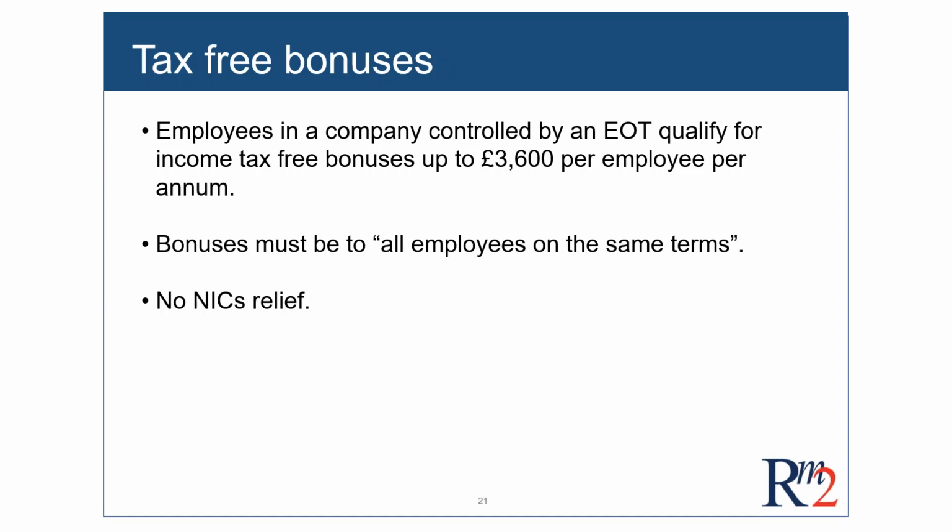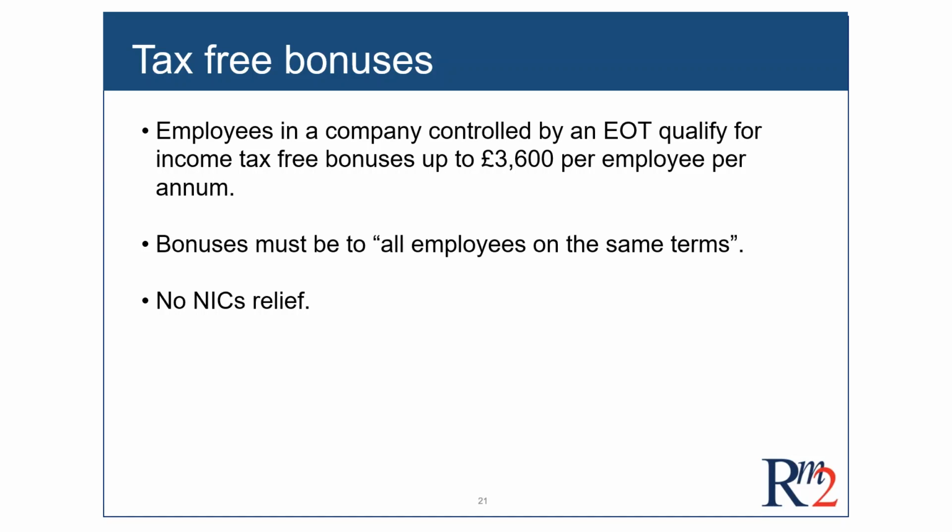You do not have to earn it. So say you did a transaction in March, you could immediately pay a full £3,600 tax-free bonus to all your employees, and then when you go into the next tax year in April, you could pay another £3,600. It's not prorated depending on where in the tax year the transaction takes place.